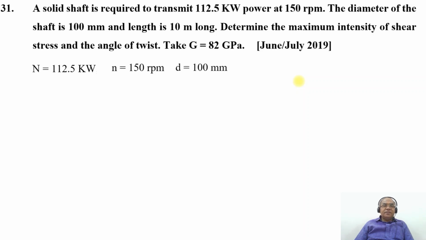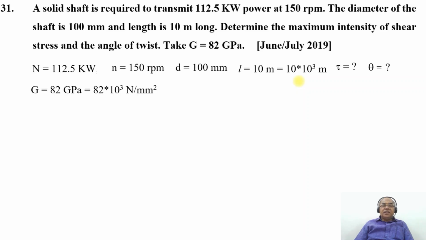The diameter of the shaft is 100 mm, and the length is 10 meters, which is 10 into 10 to the power of 3 mm. We need to determine the maximum intensity of shear stress, tau equals question mark, and also the angle of twist, theta, which is to be found out. Take G equal to 82 GPa, which is 82 into 10 to the power of 3 Newton per mm square.